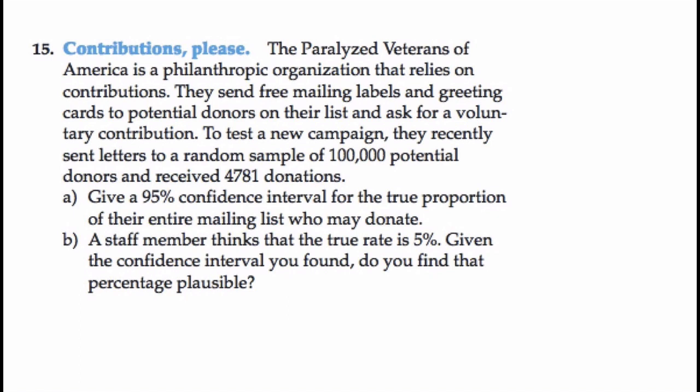To test a new campaign, they recently sent letters to a random sample of 100,000 potential donors and received 4,781 donations. Part A, give a 95% confidence interval for the true proportion of their entire mailing list who may donate. Part B, a staff member thinks that the true rate is 5%. Given the confidence interval you found, do you find that the percentage is plausible?